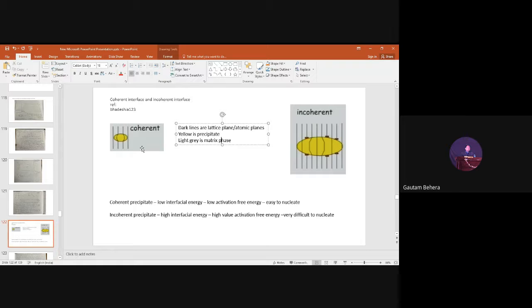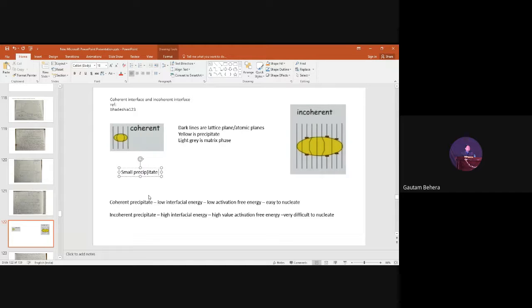Now, can you figure it out? What is the difference between here and here? Looking at the figure, you can tell me. First, tell me about the precipitate. What is the difference you are able to see? It is small, right? Yes or no?